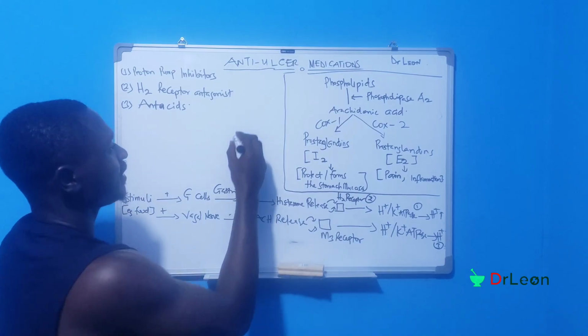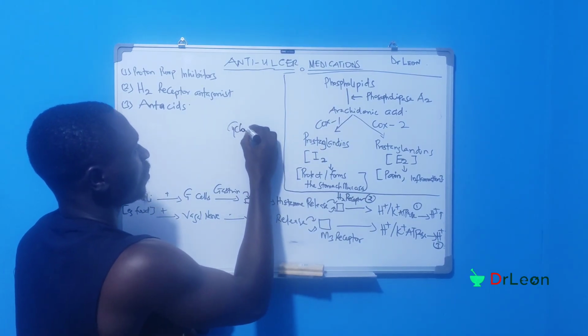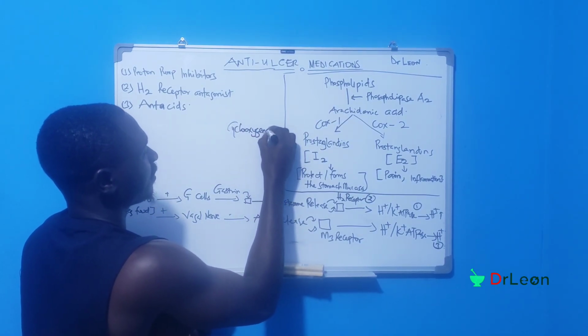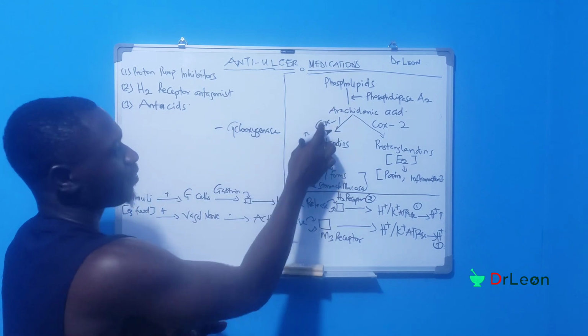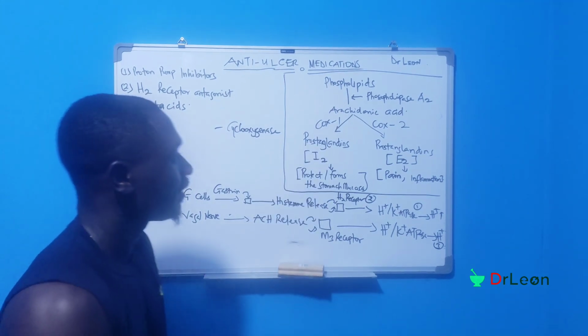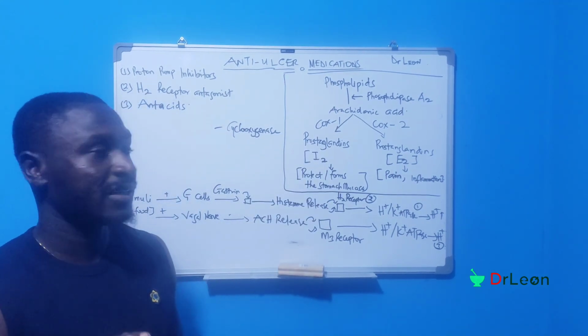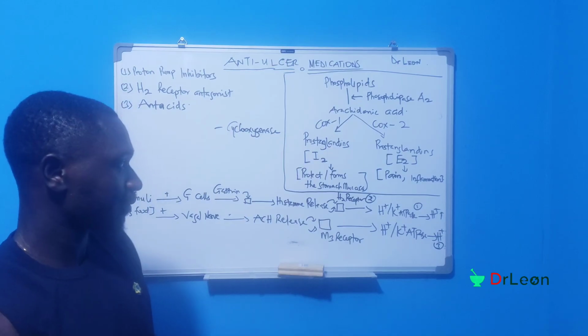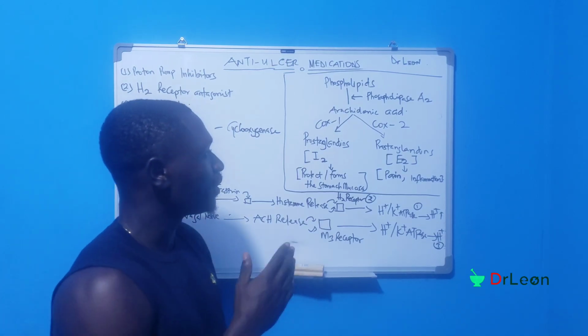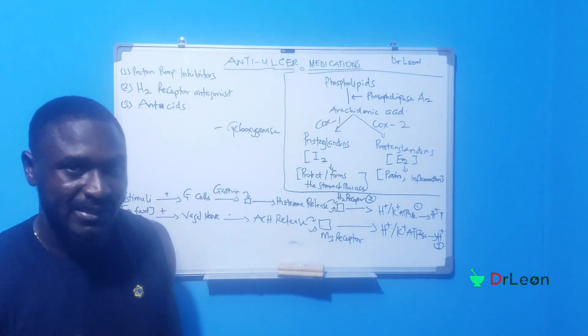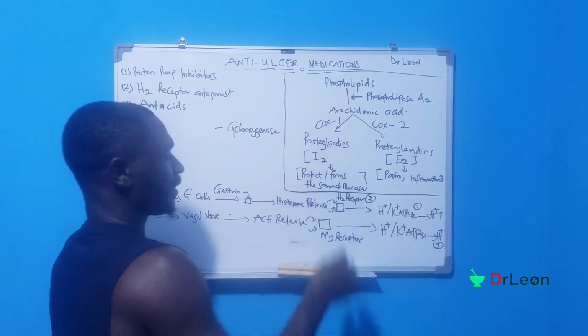COX here means cyclooxygenase. So cyclooxygenase enzyme 1 and cyclooxygenase enzyme 2. So with cyclooxygenase enzyme 1, let's focus on the 1.